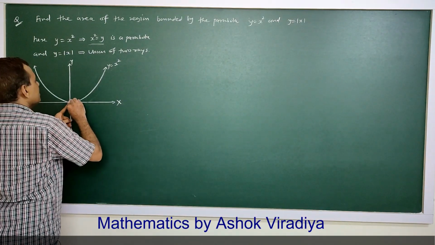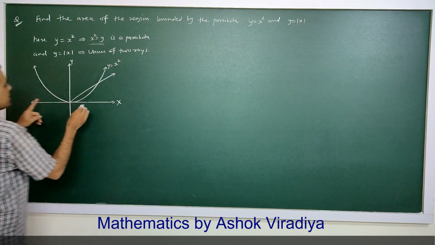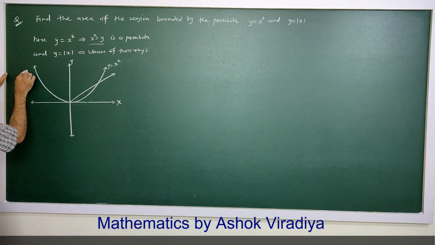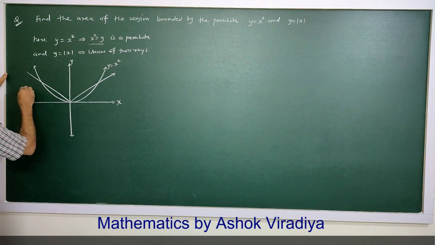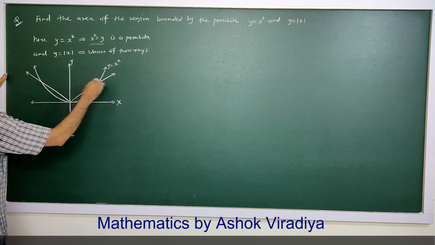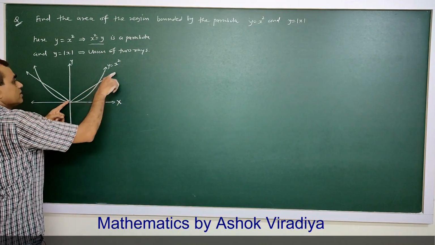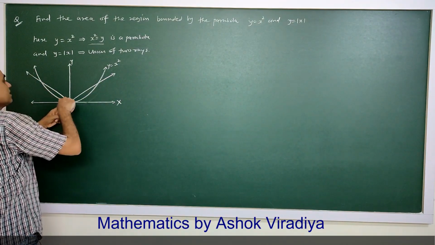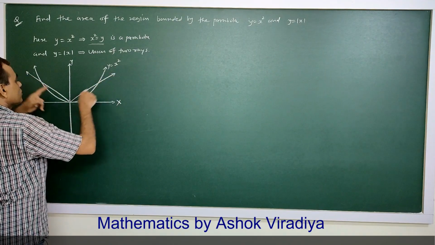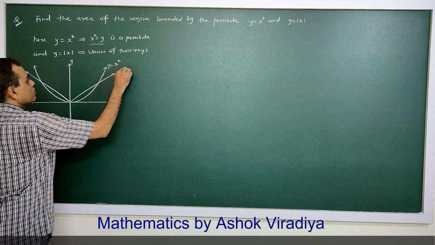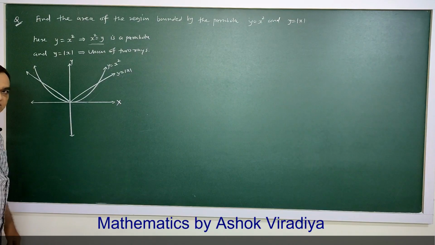It is a union of two rays dividing the first and second quadrant into equal parts. So this is the graph of y equal to modulus x.